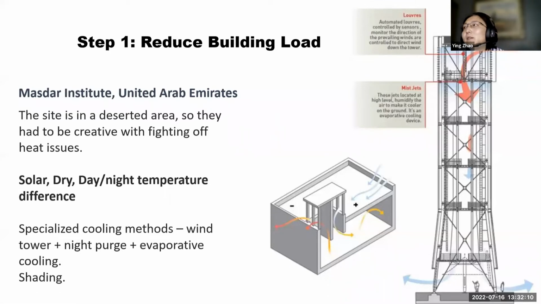Based on that, they designed a specialized cooling method: wind tower plus night ventilation plus evaporative cooling. Because they have a very dry climate, they can use evaporative cooling, and because of the big day and night temperature difference, they can combine night purge and evaporative cooling, which is pretty effective for this location.